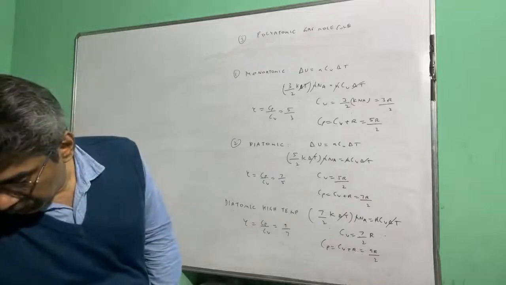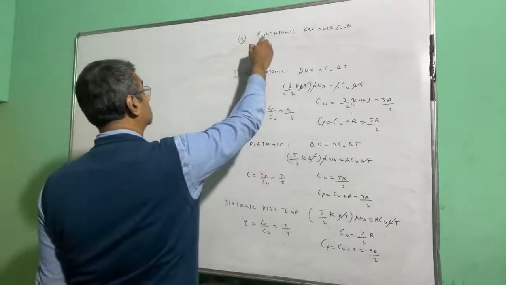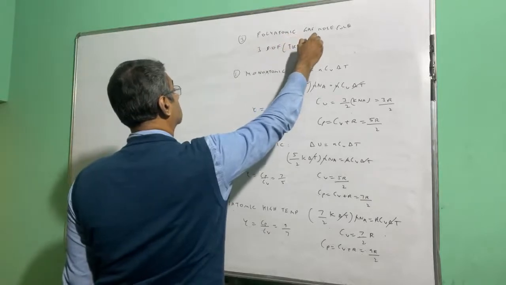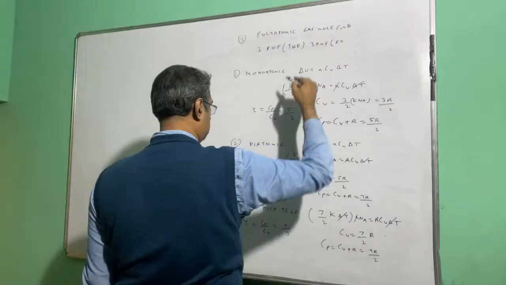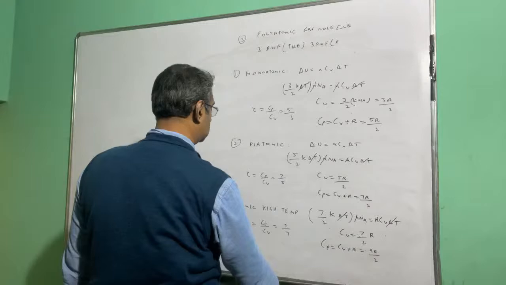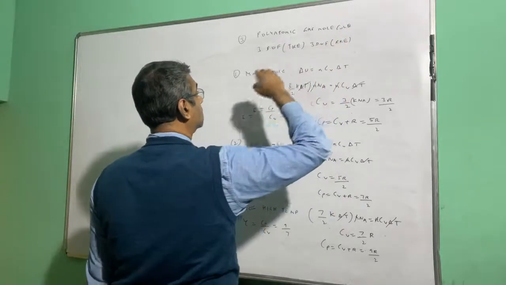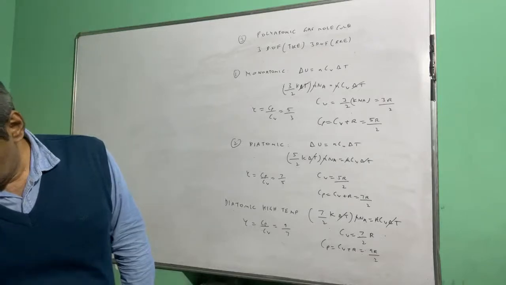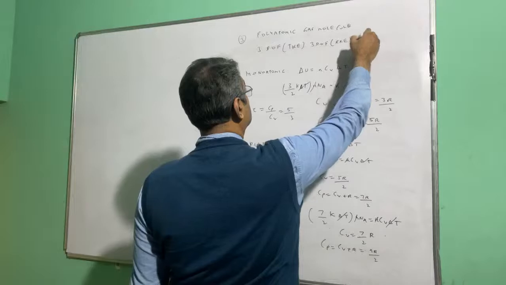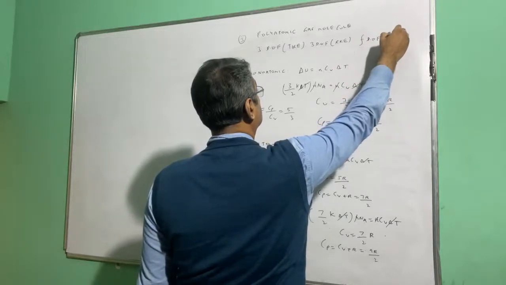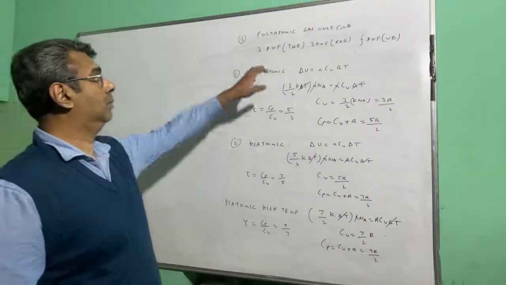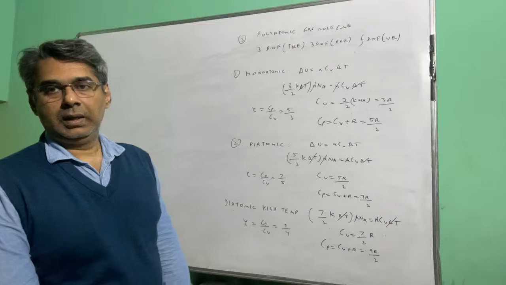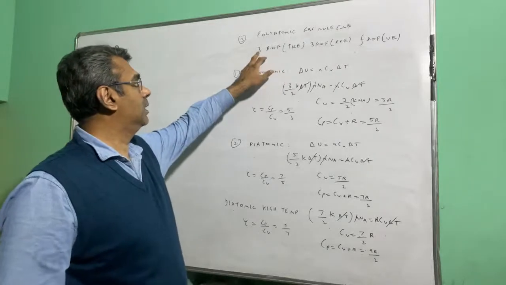Then we come to polyatomic gas molecule. Now if it is a polyatomic gas molecule, for translational kinetic energy we will take 3 degrees of freedom.